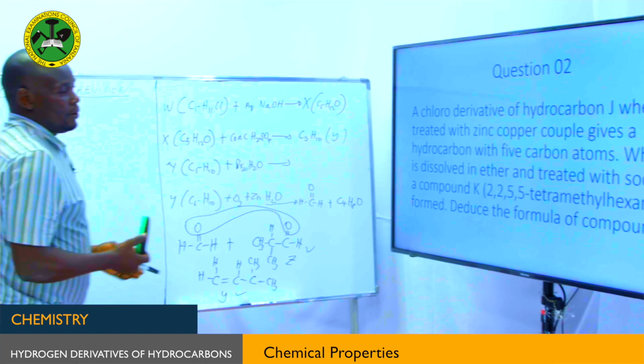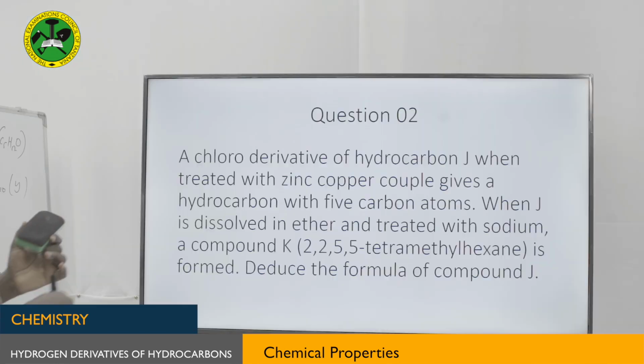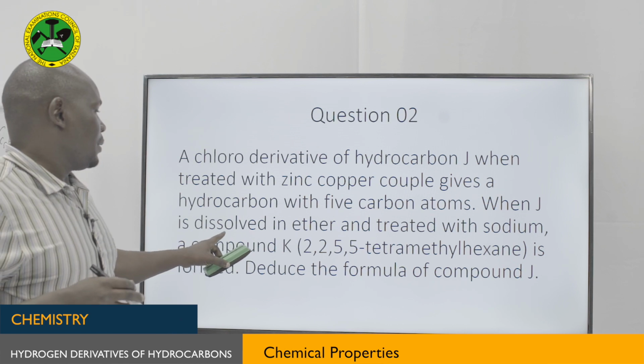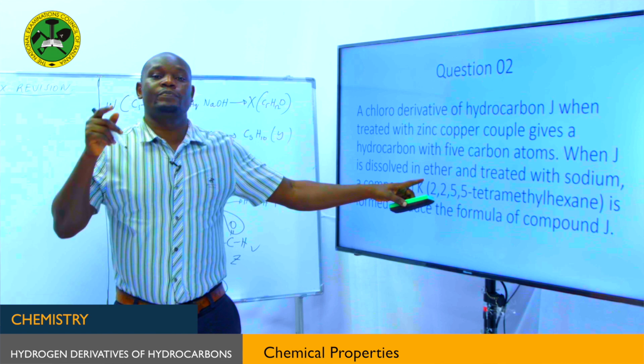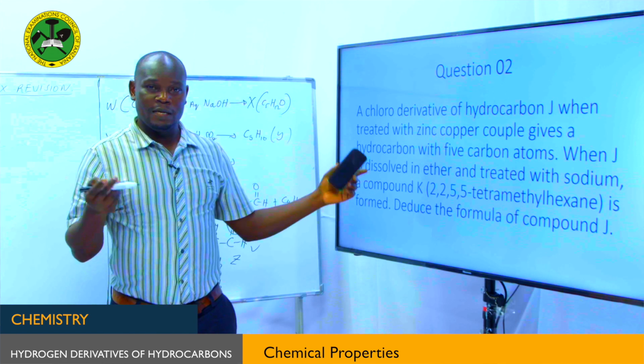Where do we start now? We can just start at this point. Remember, when haloalkanes are treated with sodium in dry ether, we said that it produces a product with double the number of carbon atoms.